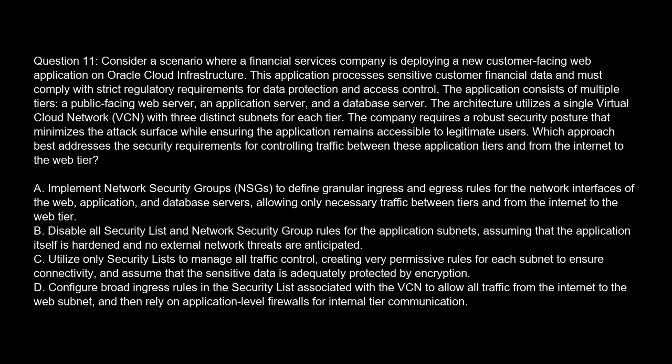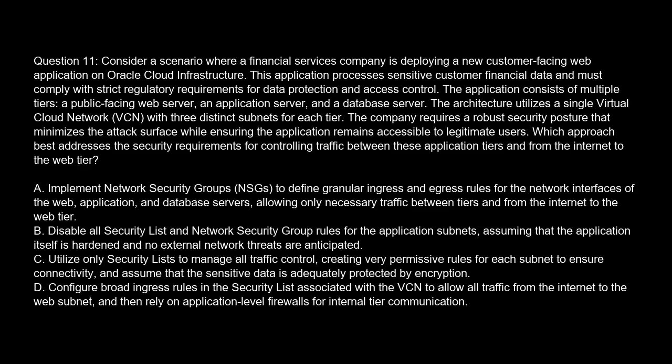Question 11. Consider a scenario where a financial services company is deploying a new customer-facing web application on Oracle Cloud Infrastructure. This application processes sensitive customer financial data and must comply with strict regulatory requirements for data protection and access control. The application consists of multiple tiers: a public-facing web server, an application server, and a database server.